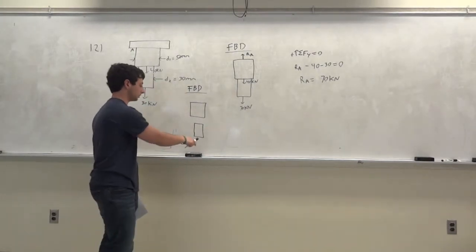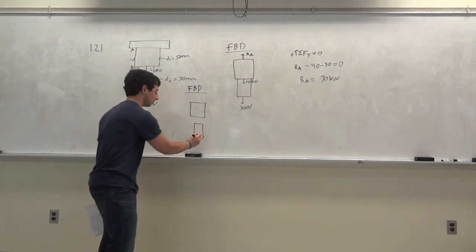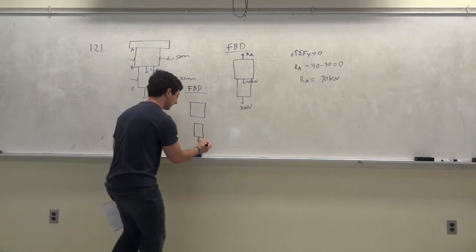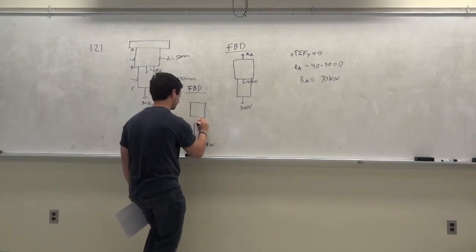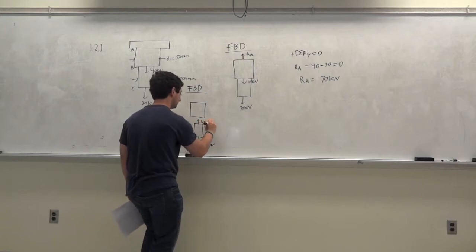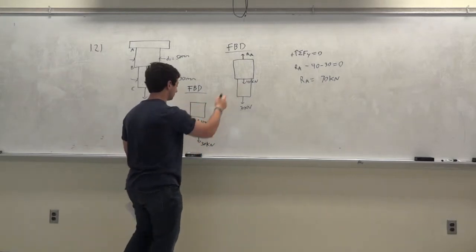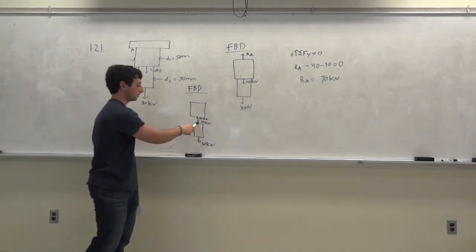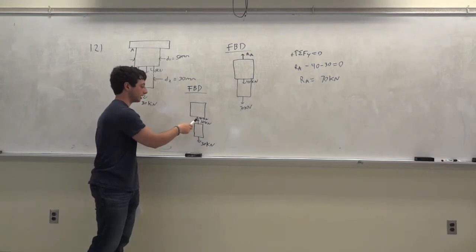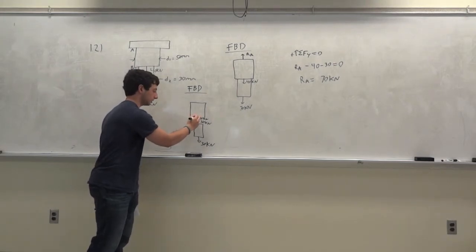So what forces do you expect on BC? The only force is 30 kilonewtons, and it's in tension. And there was an applied force of 40 kilonewtons over here. But what else? There has to be an equal and opposite force on this rod, so this 30 has to be on this rod too.